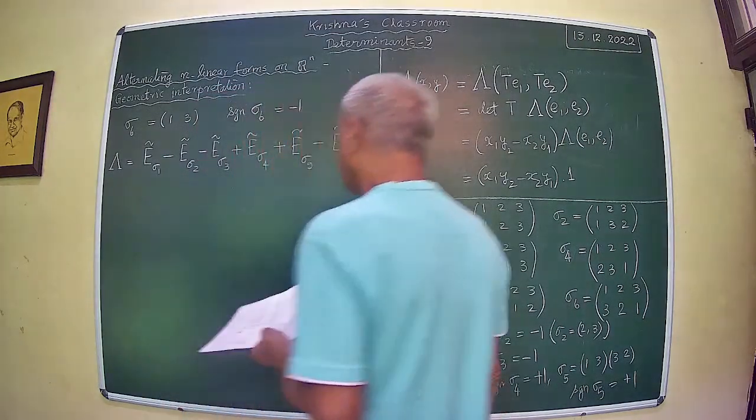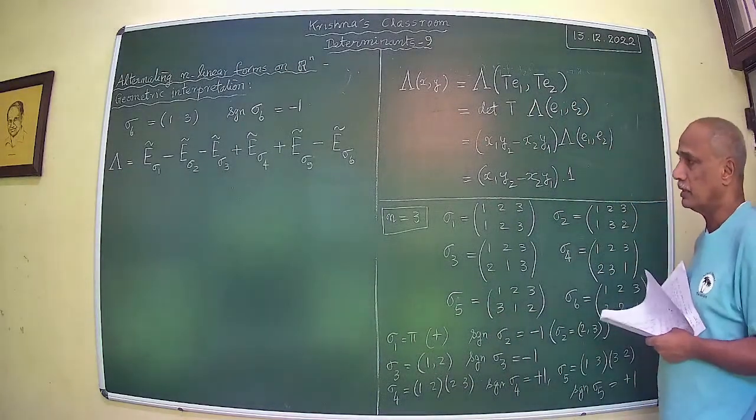These are the 6 permutations that you encounter, and these are their signs.